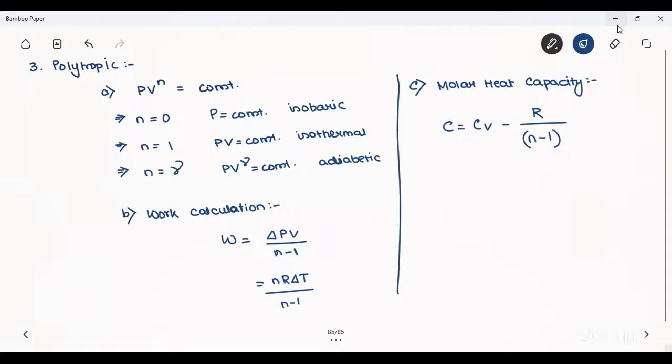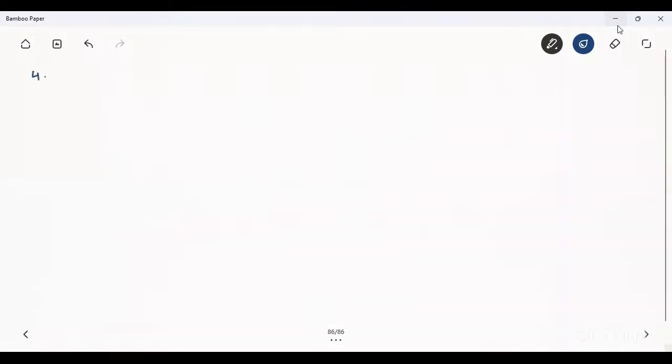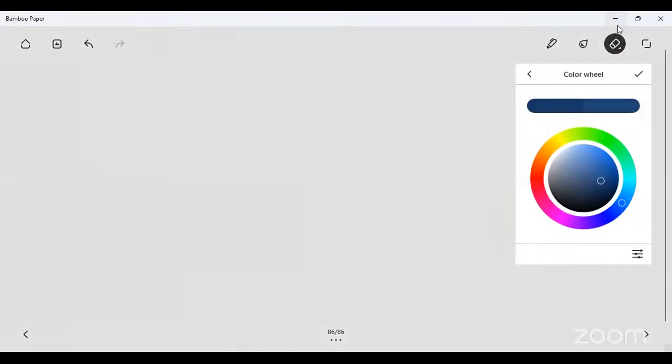Something I told you in today's class: whatever formulas I have given you so far, use those formulas only to calculate the work done for the respective process.